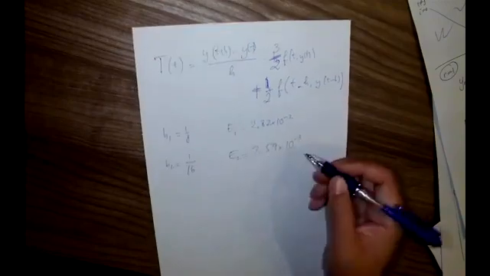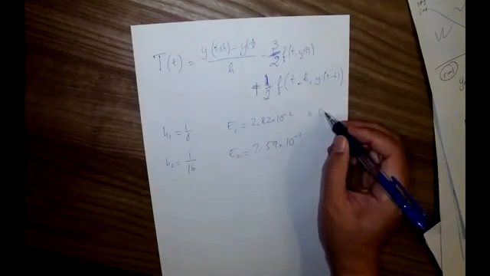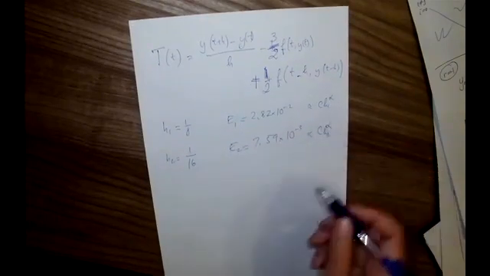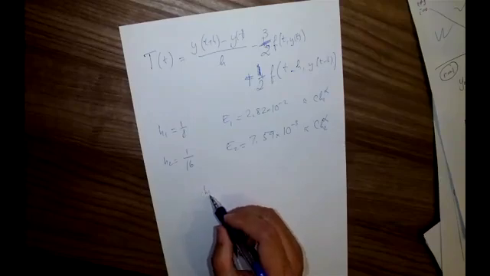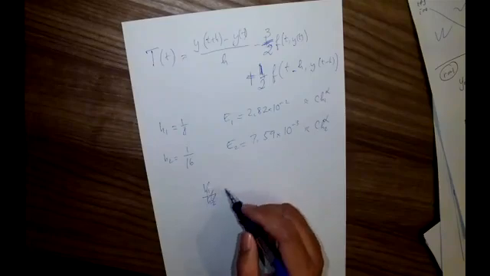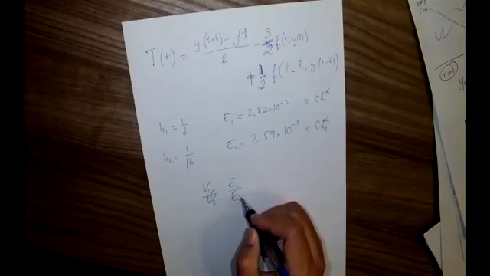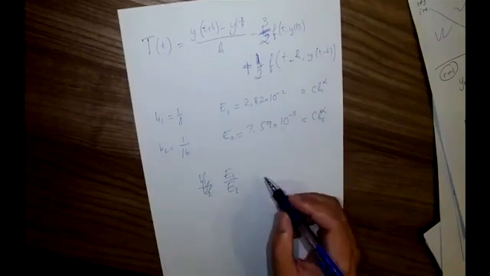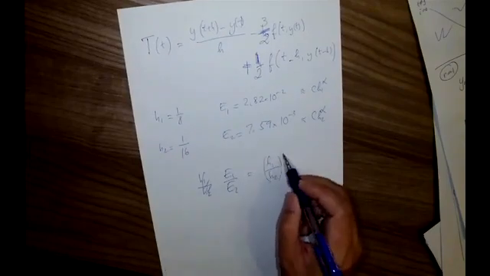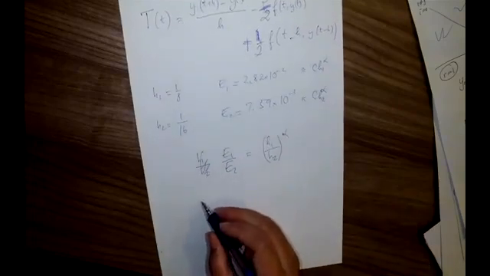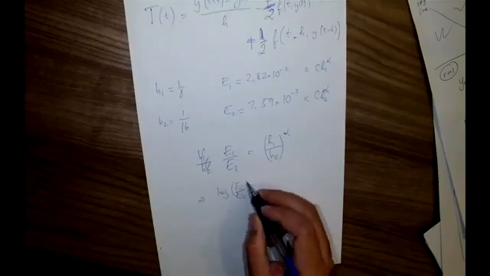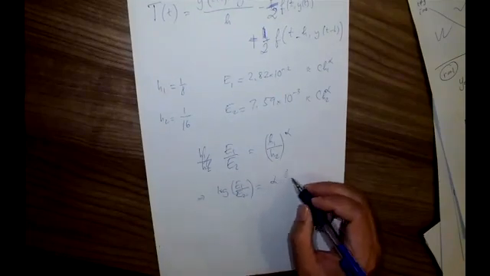Assume that E1 is C h1 to the alpha and E2 is C h2 to the alpha. Then E1 over E2 equals (h1 over h2) to the alpha. Then you can take the logarithm. Any logarithm is okay, any base, and solve for alpha.